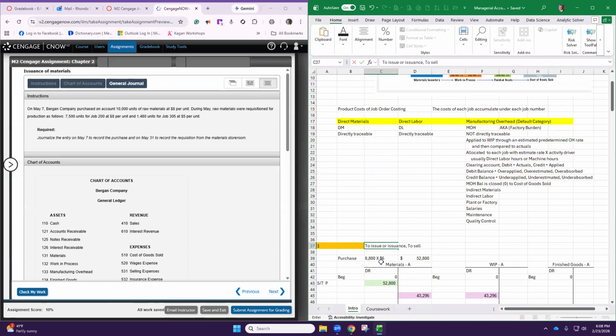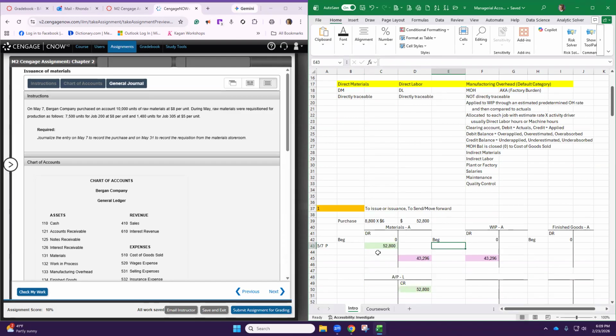To sell, or no, not sell. To send. Okay, to send, or to move forward. To send, move forward. Okay. So just watch the language.